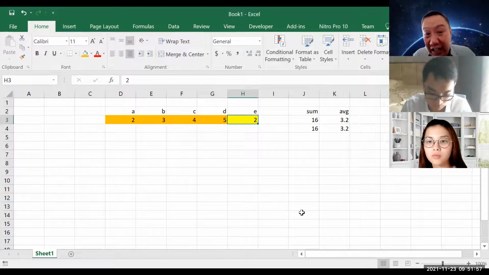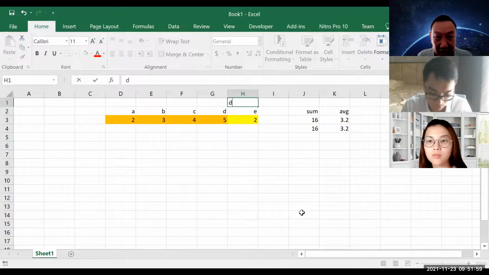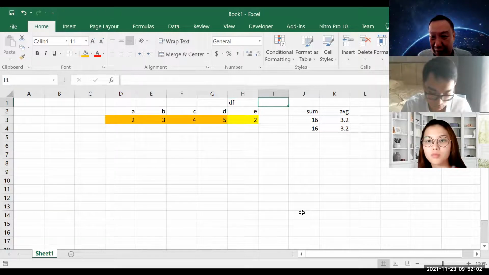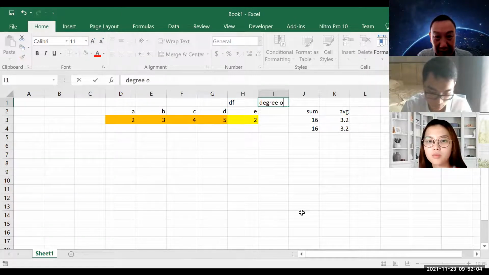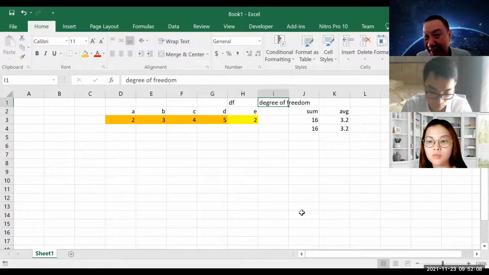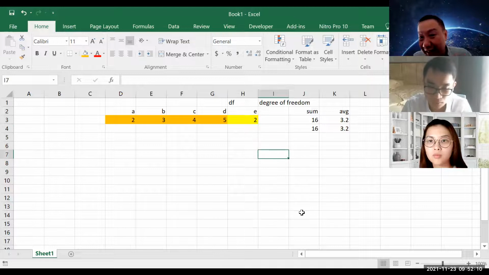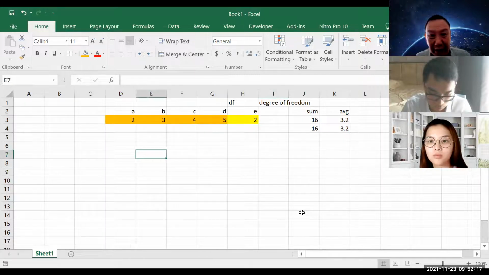That is called degree of freedom, DF. Given the statistics, sum, average, how many missing data can you recover?